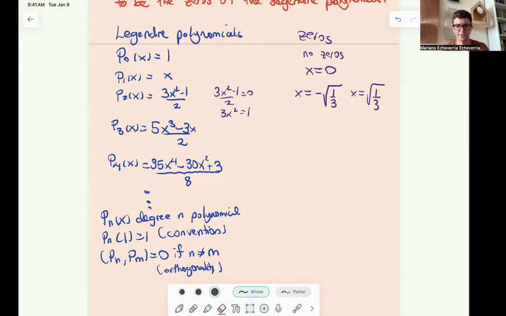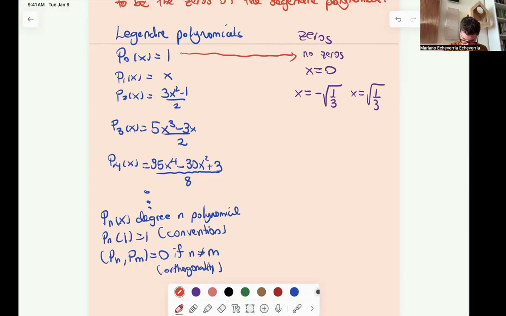Those are the zeros of the degree 2 Legendre polynomial.